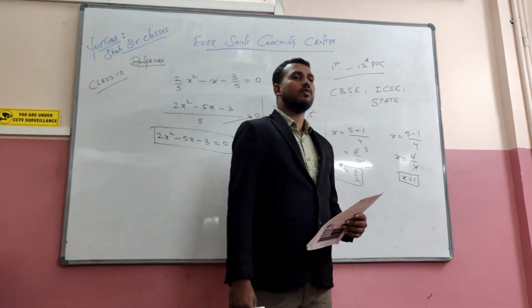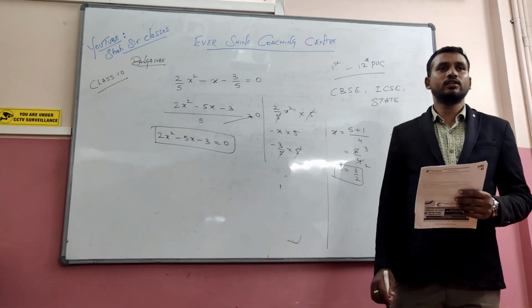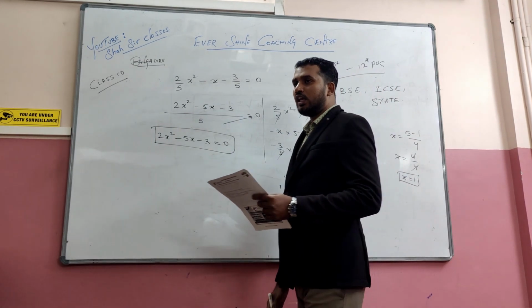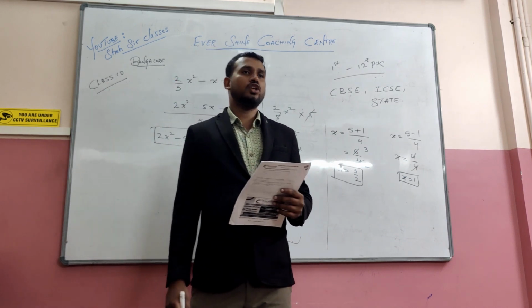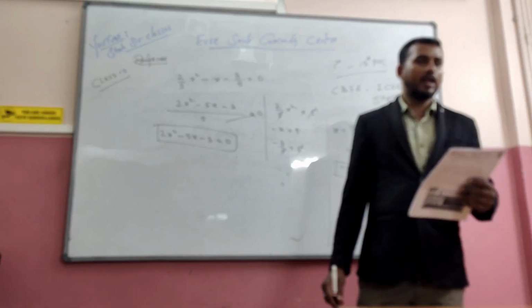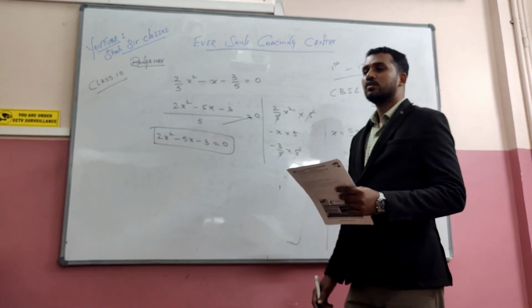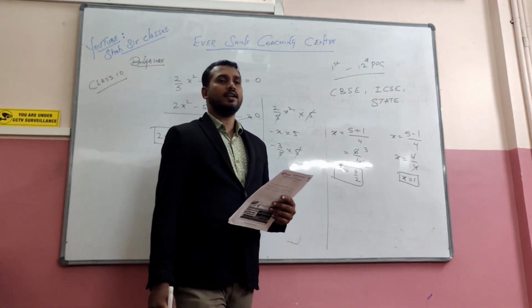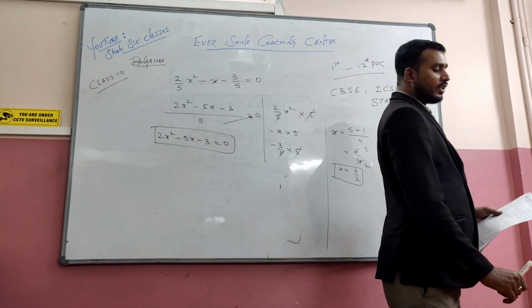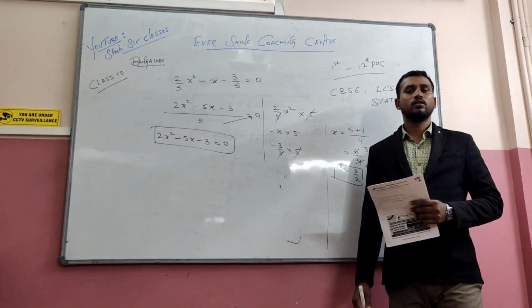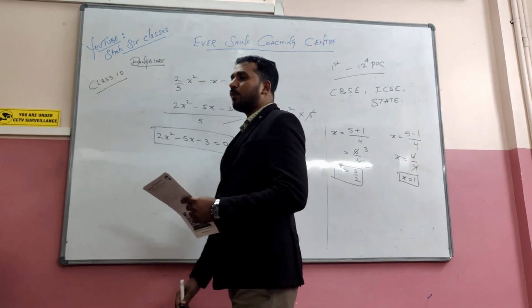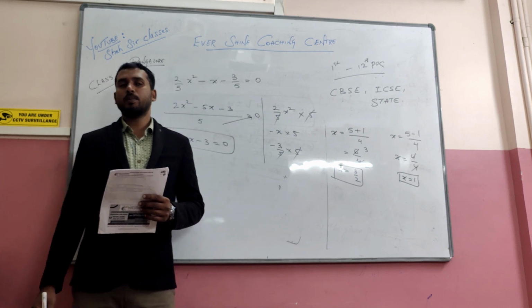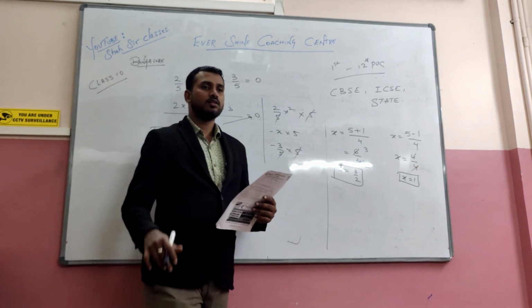If two triangles are equiangular, then their corresponding sides are proportional. Close the double inverted comma, full stop.